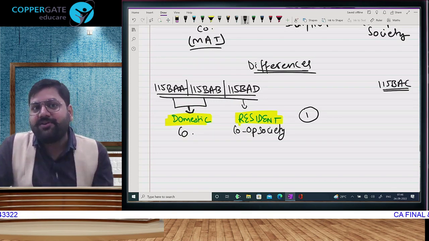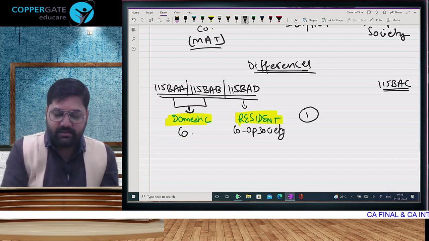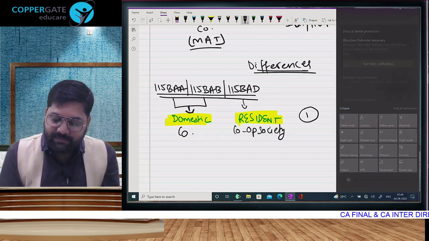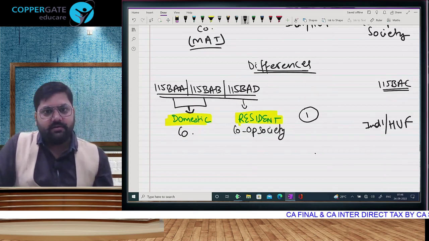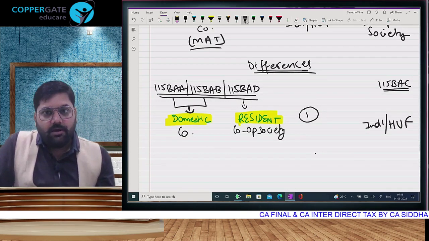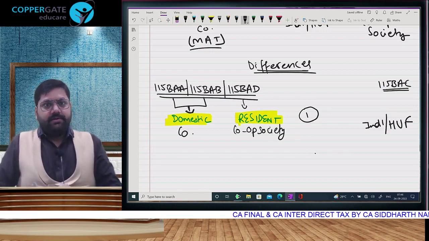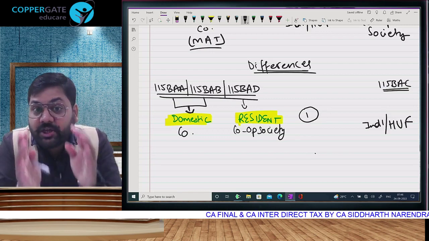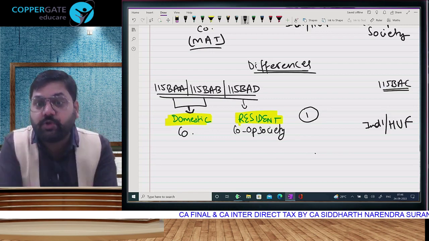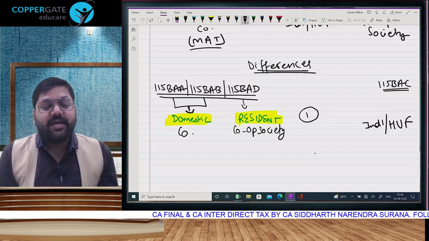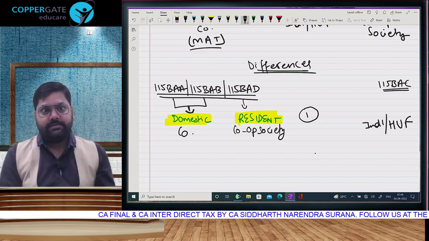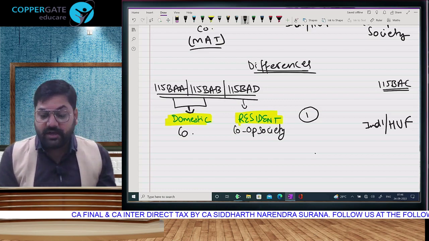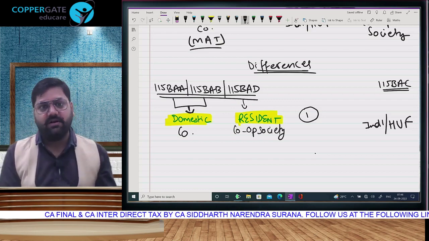But if you go and read BAC, BAC is available to individual HUF. See, by now we are aware of that. But that's it. The section mentions only individual HUF. The section does not refer to or mention anybody else, or does not write any other word here.